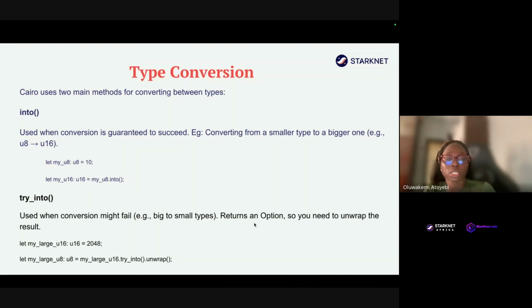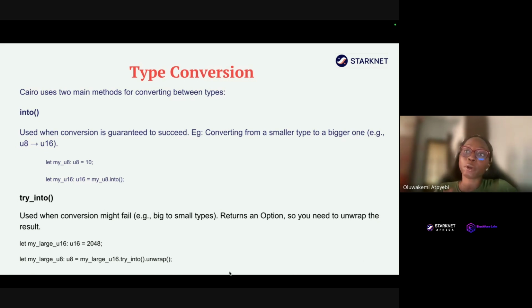Most times when you use a try_into, it returns an option, so you need to unwrap the result. The option could either be okay, it's successful, or it's not. I think in arrays I treated these unwrap options, so we'll talk about that as we progress.